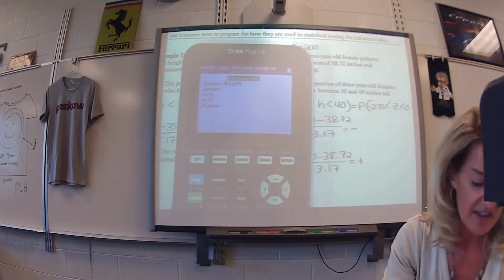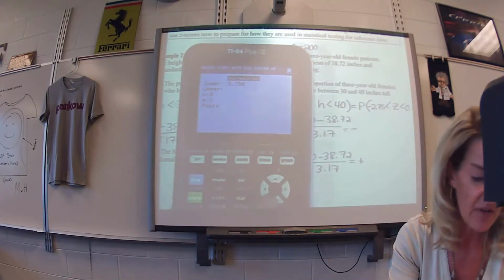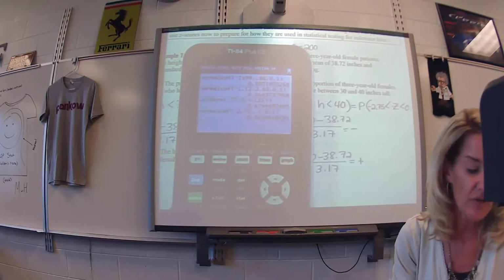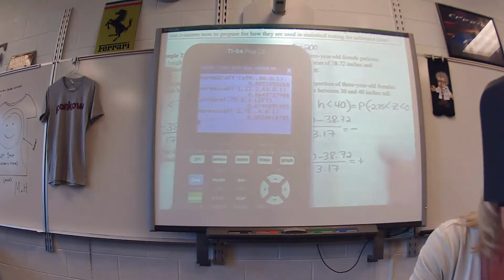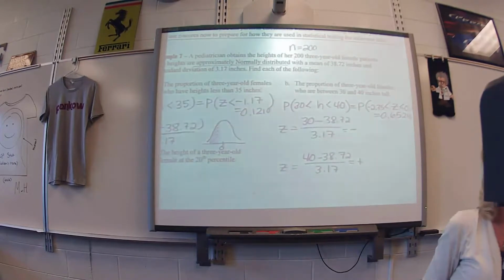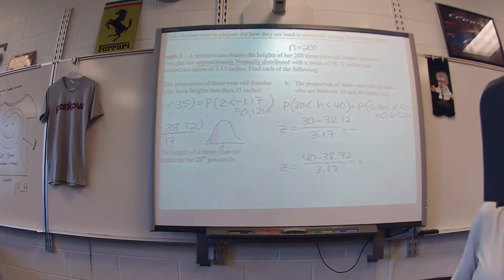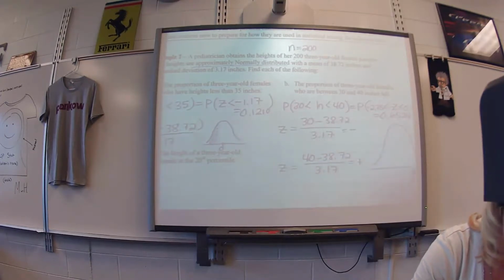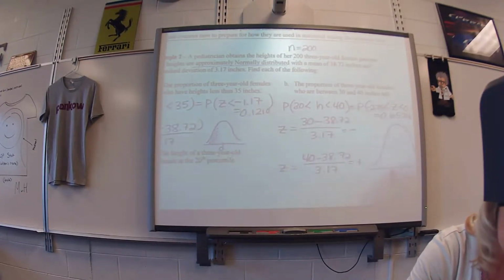The lower bound is the negative 2.75. The upper bound is the 0.4. And I get an answer of 0.6524. Now, I didn't draw a picture there, but I certainly could have. I could have said, well, I know one of these measures was below average, one of them was above average, and therefore I know that I'm going in between those two.